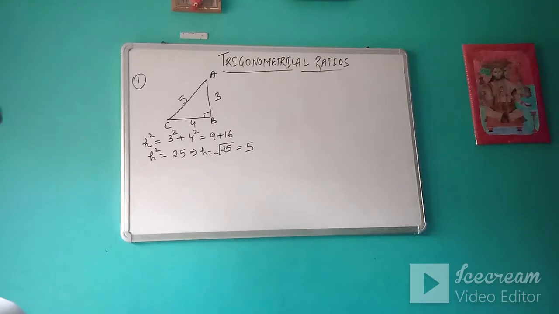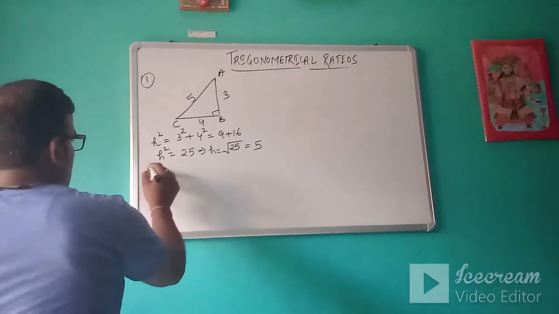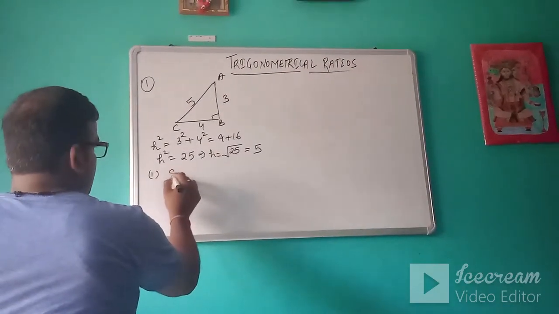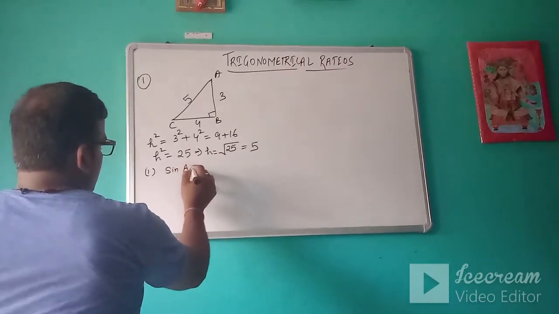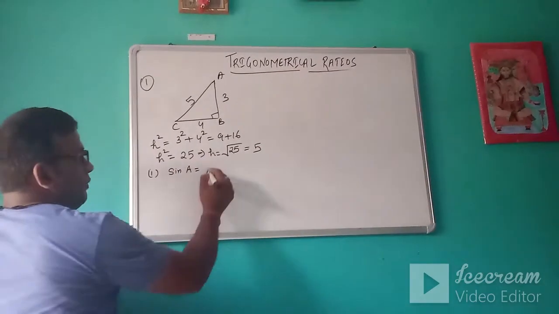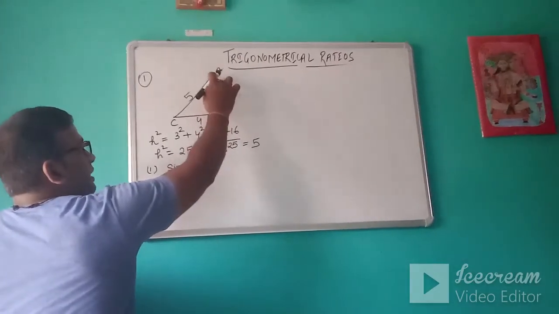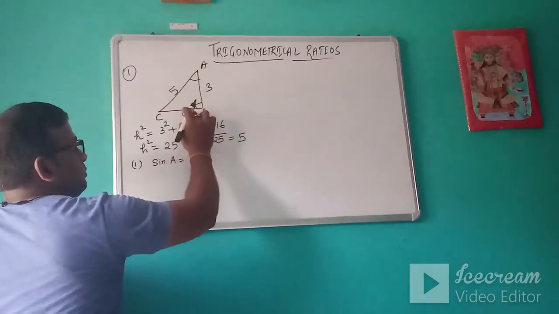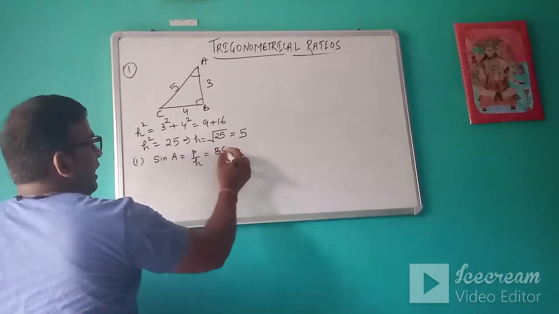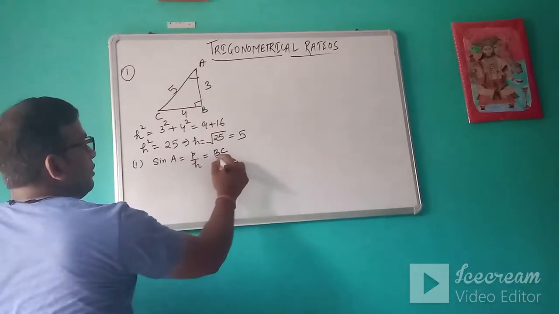Now we will start to find the trigonometric ratios. The first trigonometric ratio asked is sine of A. So what was sine of A? P upon H. Now this is my A, so for this A, what is P? BC, and obviously my hypotenuse will be AC.